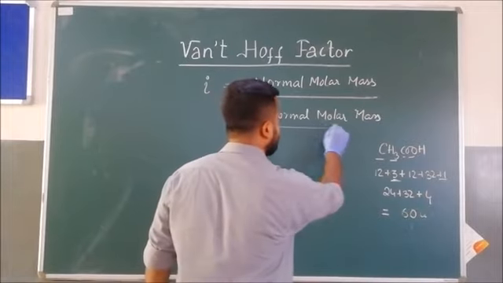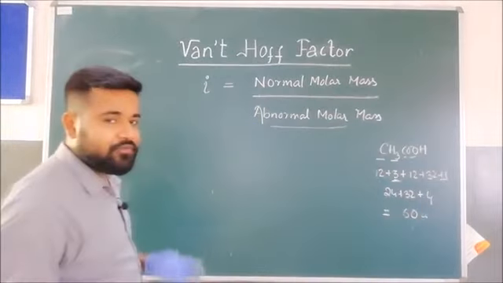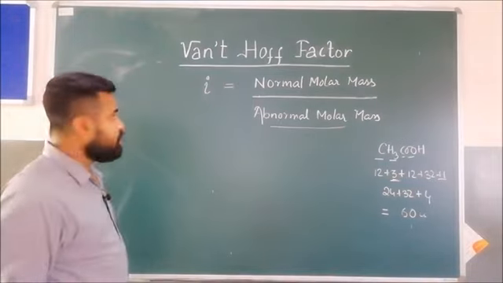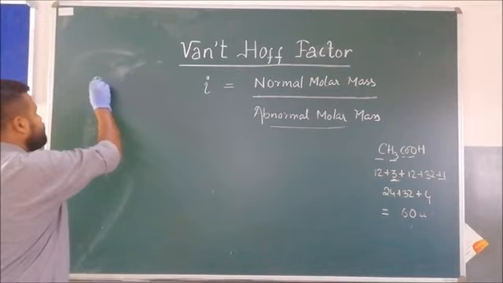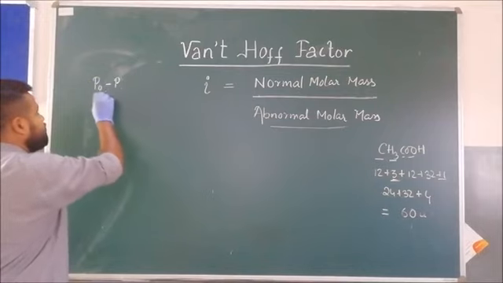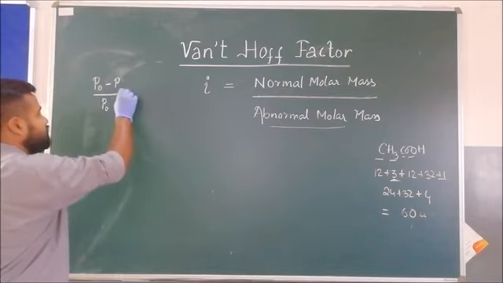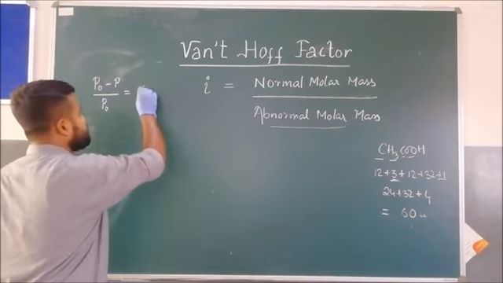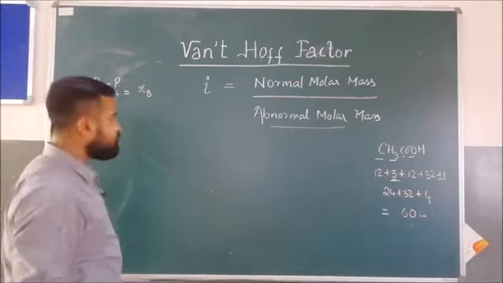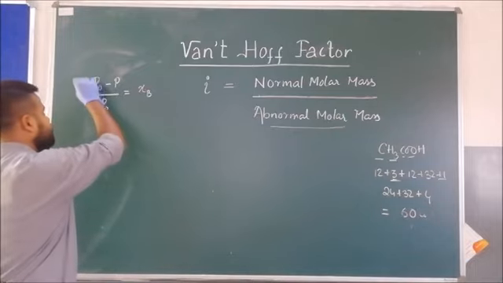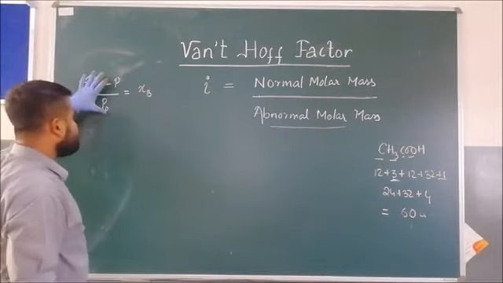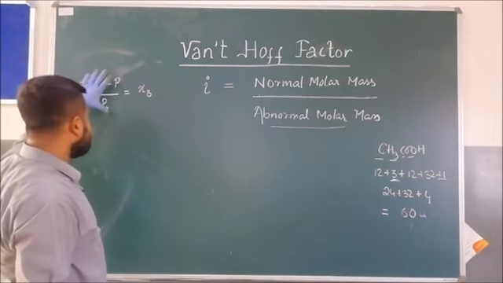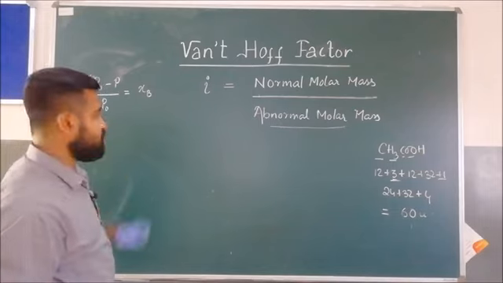Now what is abnormal molar mass? We know there are different colligative properties. For example, the first one is (P0 minus P) by P0 equals the mole fraction of B, which is the relative lowering in vapor pressure.